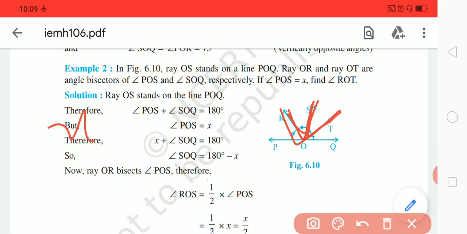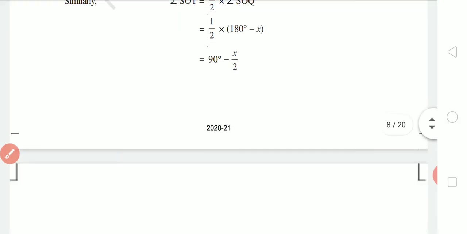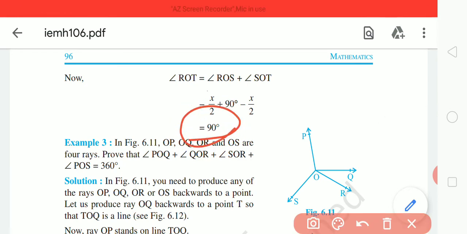ROS is X by 2, right? And SOT is what I solved, 90 minus X by 2. So X by 2 and X by 2 cancel. You will get 90 degrees. So the required angle is 90 degrees, right?